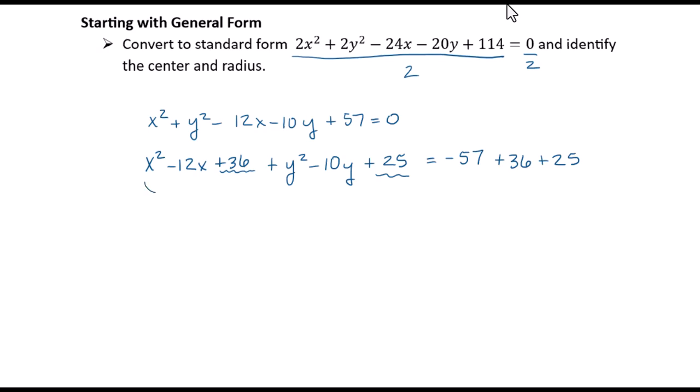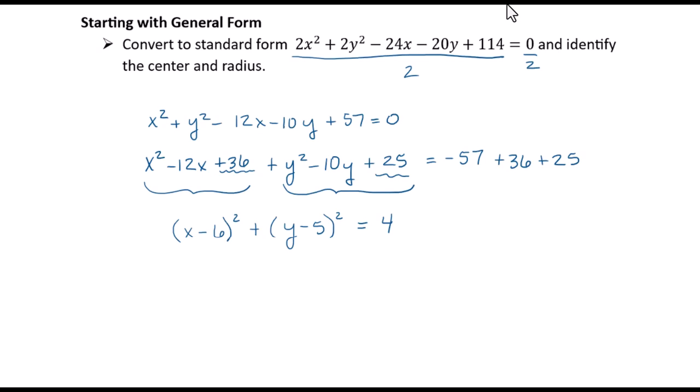Now we can take these perfect square trinomials and write them in their factored form. X minus 6 quantity squared plus y minus 5 quantity squared equals negative 57 plus 36 plus 25, which is 4.